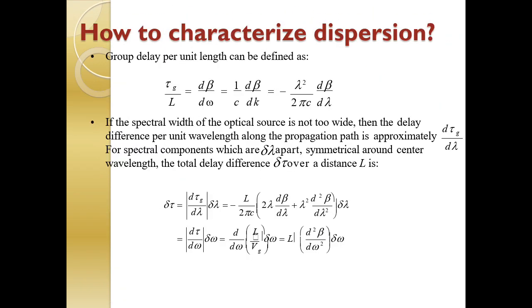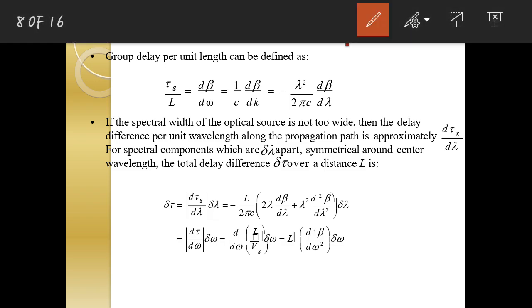How do we characterize dispersion? We know three parameters: one is Vp, the next is Vg, and the third is your tau g. You need to calculate all these values. It's all taken from the previous relations. Tau g by L is d beta by d omega. Substitute omega as c by k, the first equation. What is c?